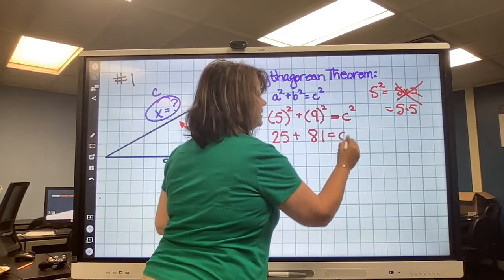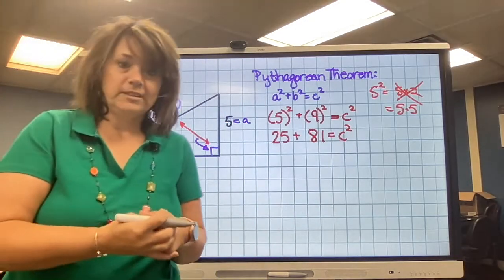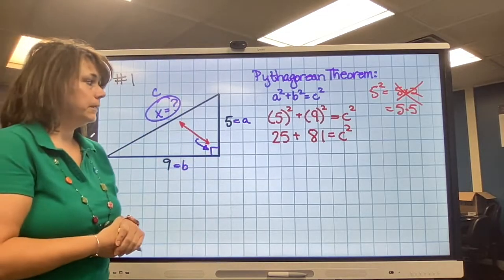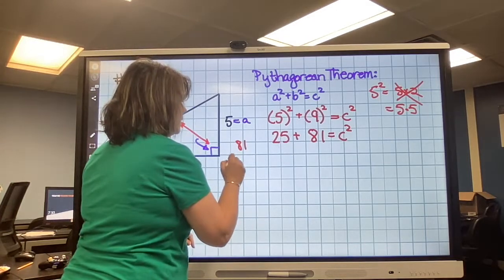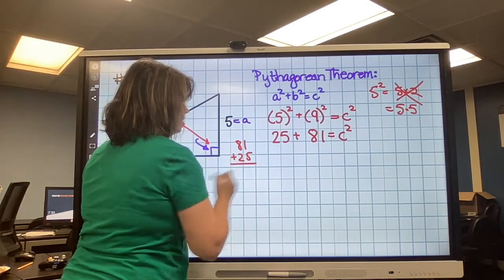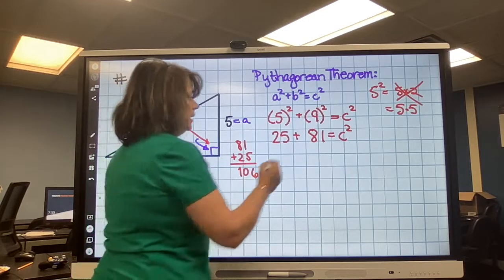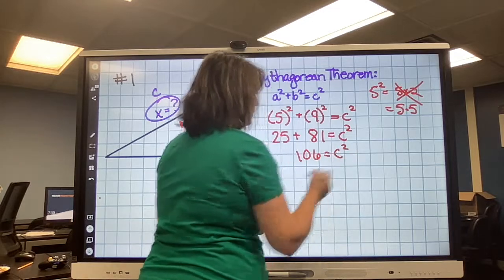And then again, that still equals c squared. We don't have any value to substitute in for c yet. That's what we're solving for, so that remains c squared. So now what we're going to do is just do math. We're going to take 81 plus 25, and we get 106. So we get 106 equals c squared.